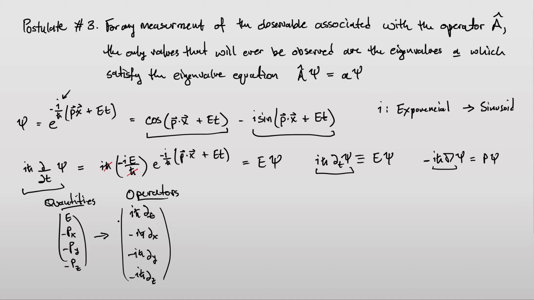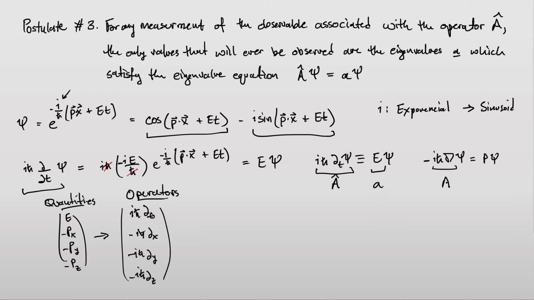we can actually come back up here to this postulate. So for any measurement of an observable associated with operator A, so say this was our operator A, or this one right here. Operators usually have this little caret on top of them. If this is our operator A, then the only values that will ever be observed are the eigenvalues, little a.